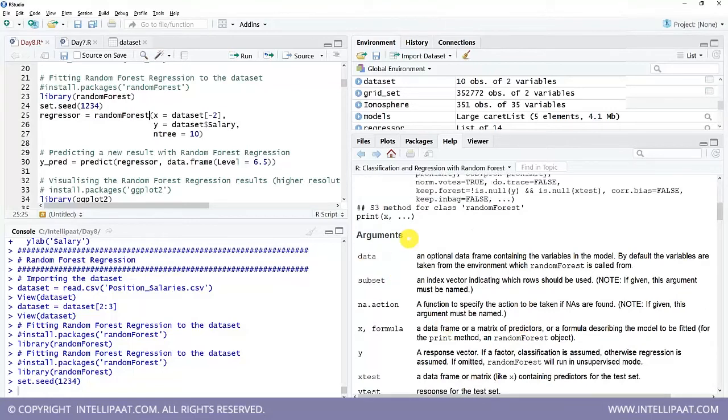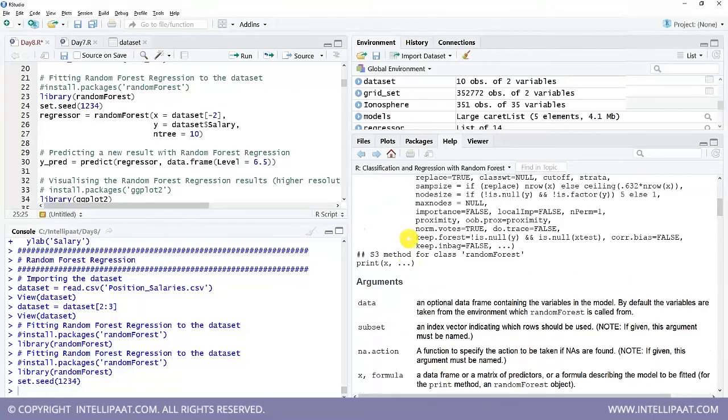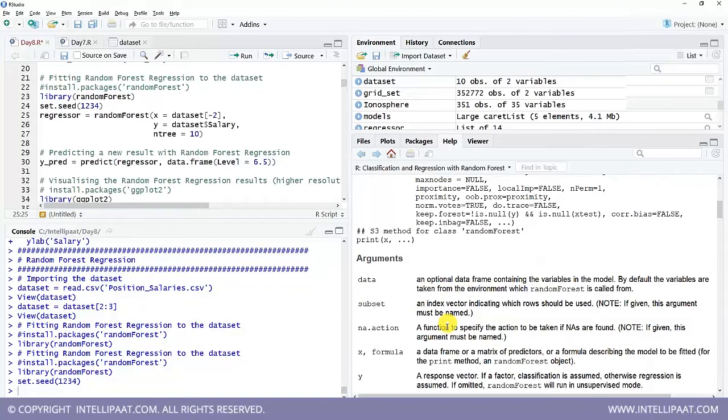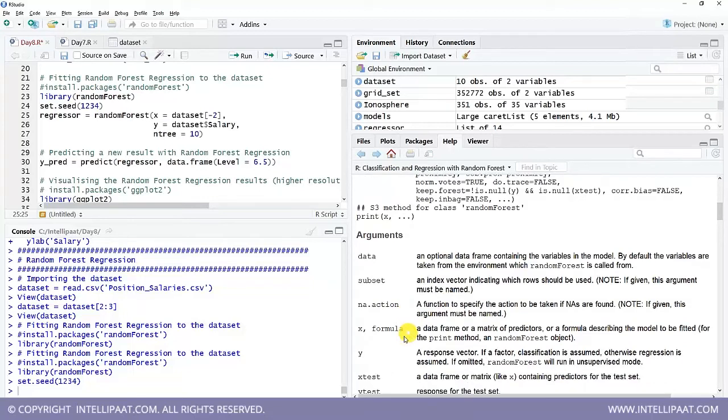So data, the argument goes this way. randomForest, within the parenthesis, x starts with an x, because the data portion is optional, the data frame, so we are not interested. Subset is also we are not interested. na.action, we are not currently trying to eliminate NAs. So straight away we come at this one, the x.